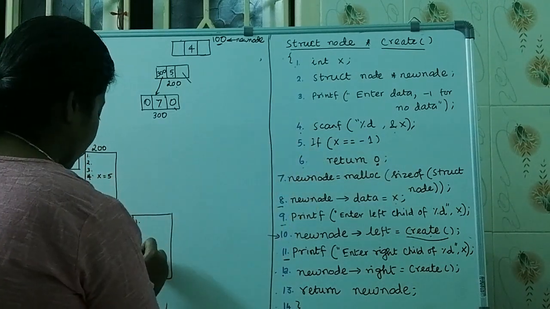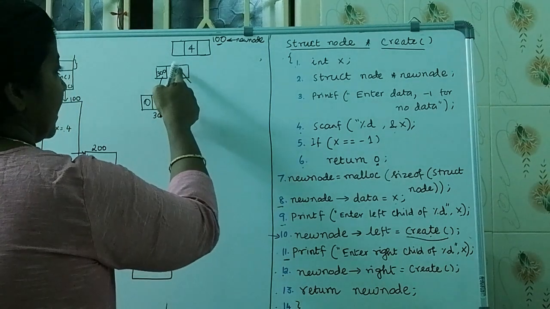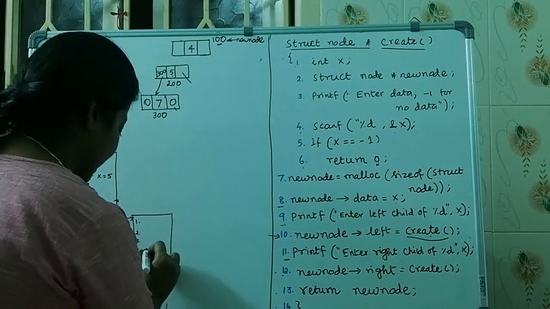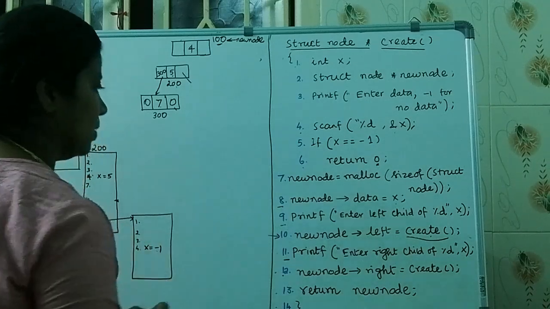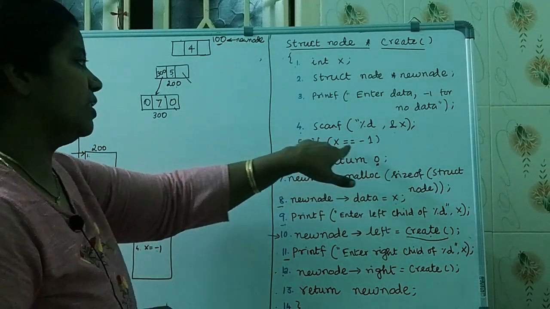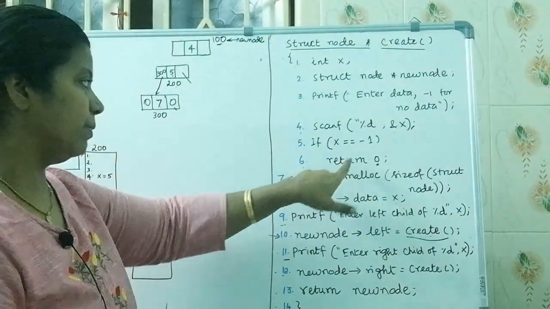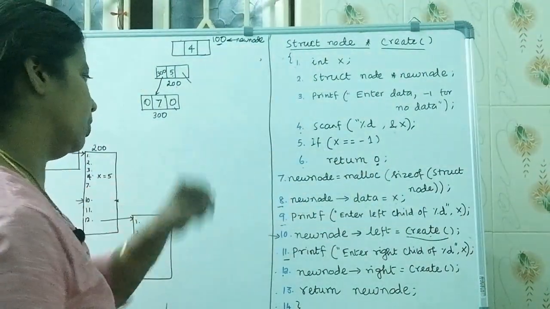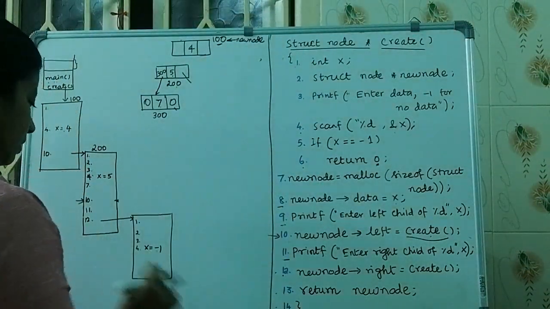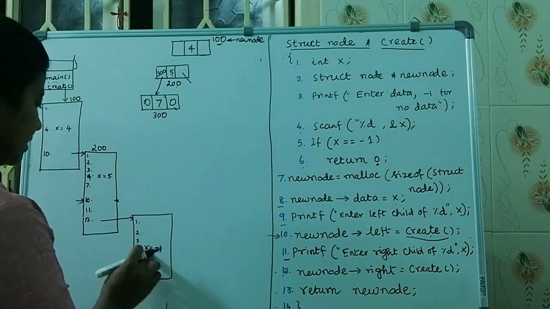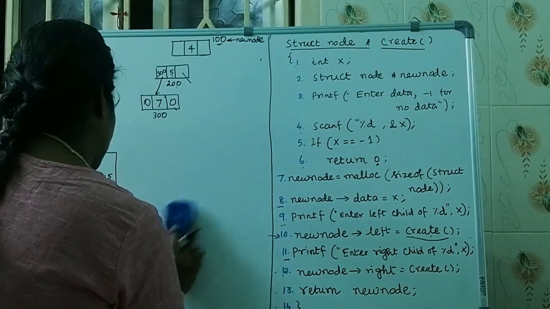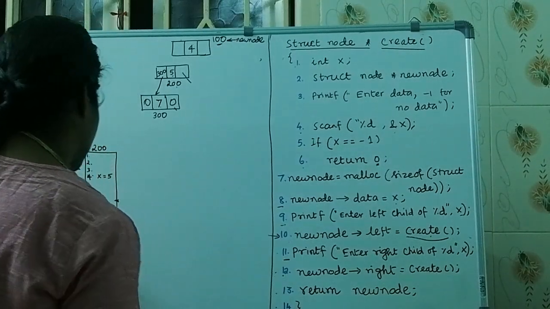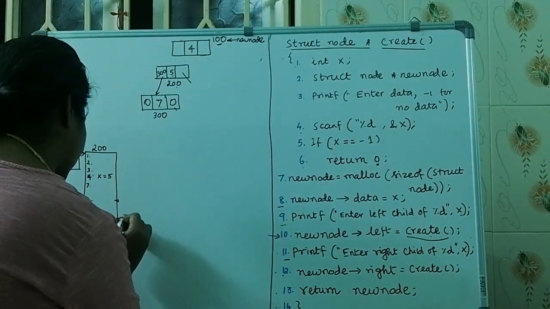Here line numbers 1, 2, 3 get executed. Upon executing 4, let's say I don't want to insert a right child for 5. At that time I will give -1. So x equal to -1. Now in this condition, x equal to -1 becomes true. It will return 0. So where will it return? From where it has been called. So it returns 0 back to line number 12.